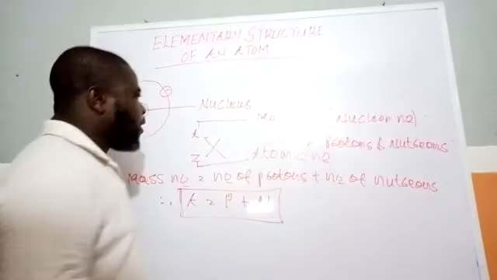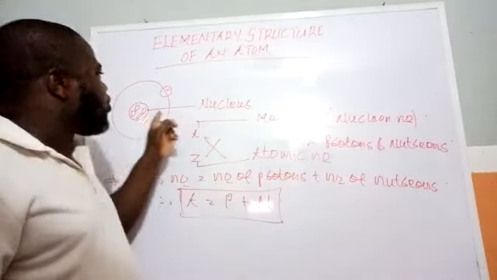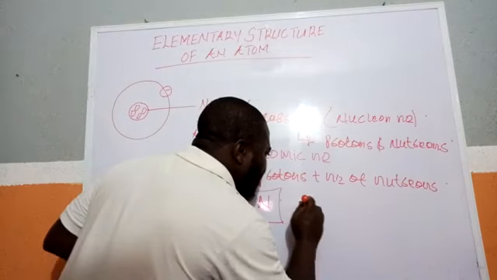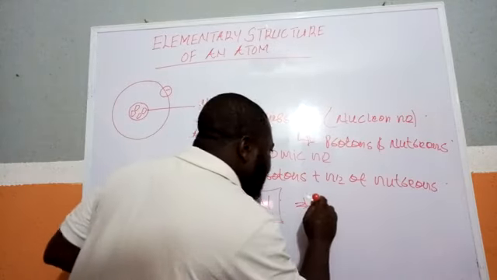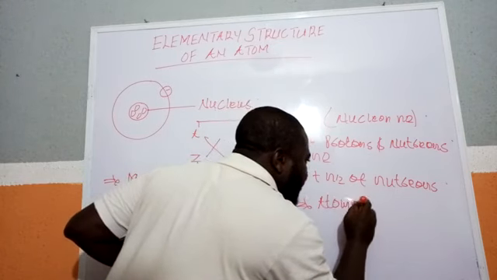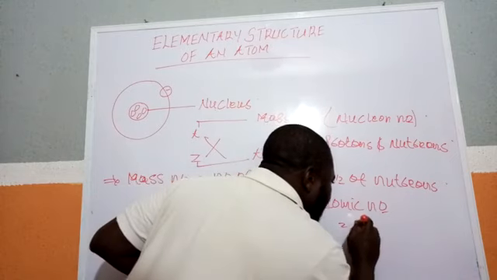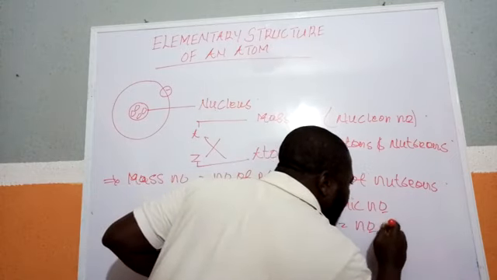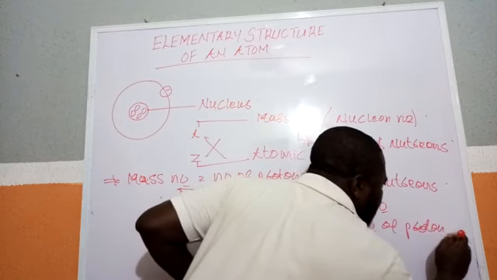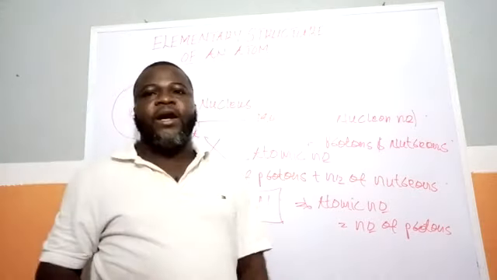We are talking about the atomic number as the number of protons in the nucleus of an element. That means I can have atomic number equal to the number of protons in the nucleus of an element.